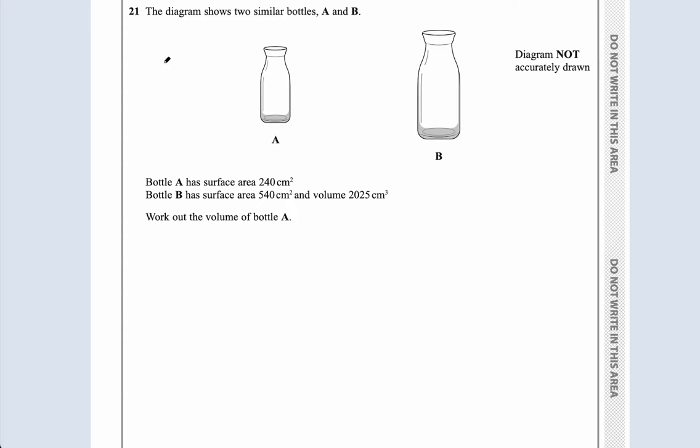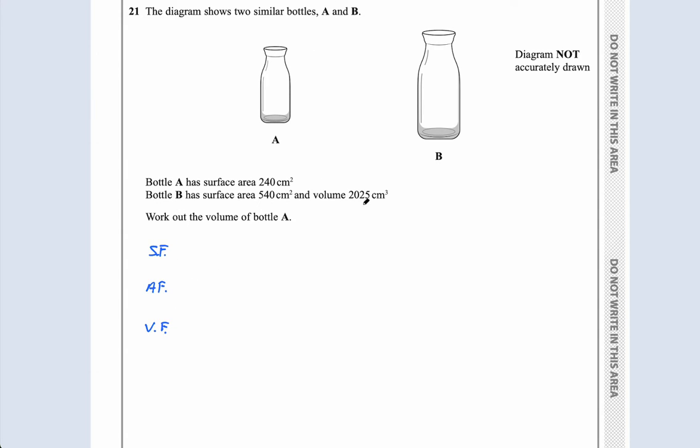The first thing I write down is the scale factor, area factor, and volume factor. Now, hang on, I'm just gonna give these a bit more space. I don't know the scale factor, and I don't actually have a nice way of finding it yet.